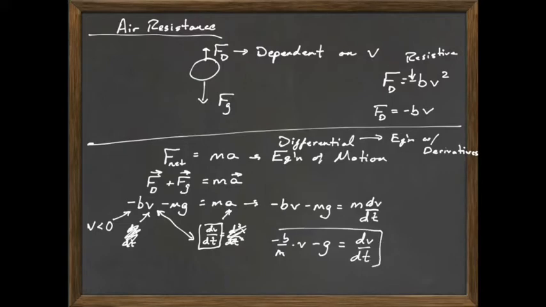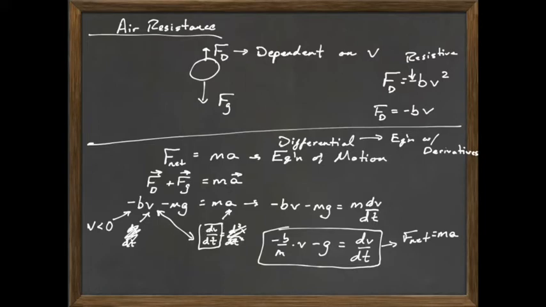And there would be a differential equation describing the motion of the object. Again, look back where we started, net force. This is Newton's second law in differential form. And with this, we can actually try to solve something.